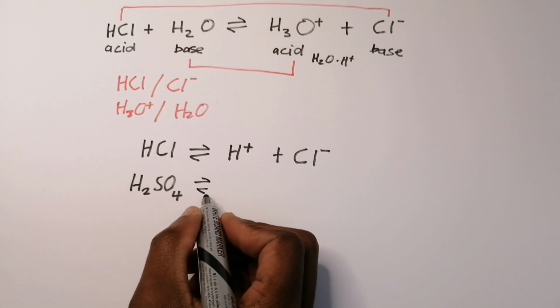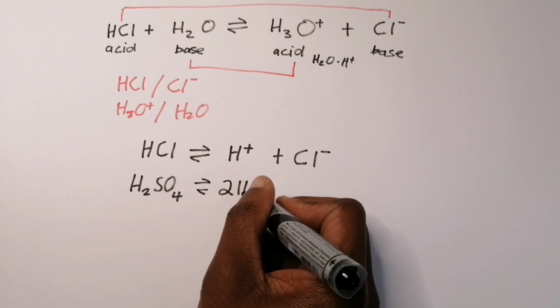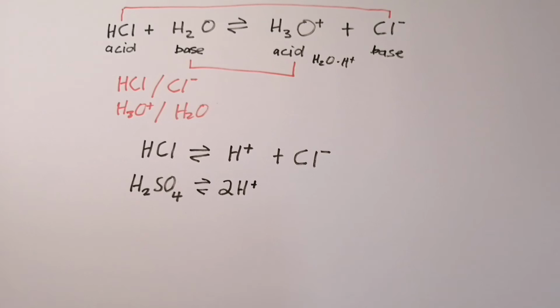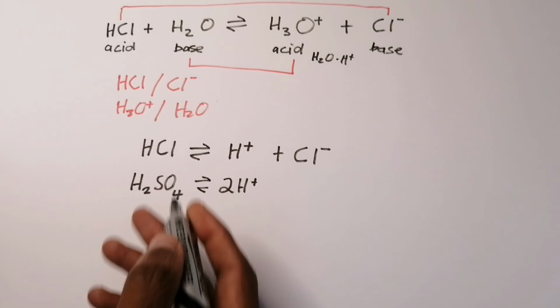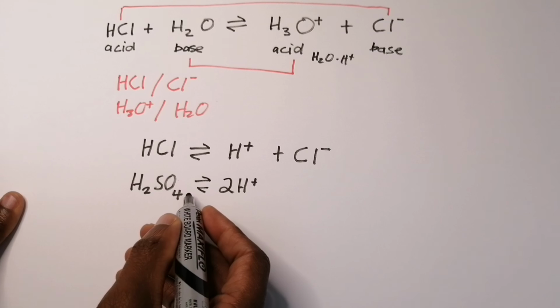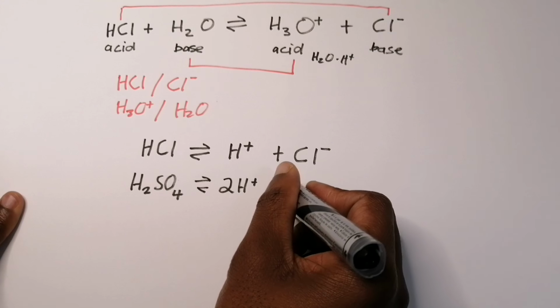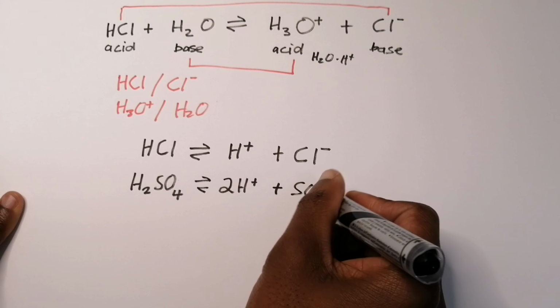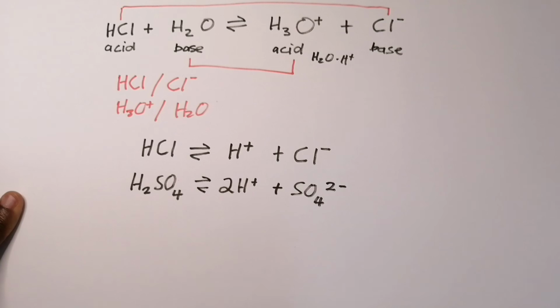So as a result, what does it become? It becomes 2H plus. Okay, and by the way, it does this in 2 steps, but I'm only showing you actually the final product, right? So H2SO4, right, becomes 2H plus, and the sulfate ion, that's SO4 2 minus.